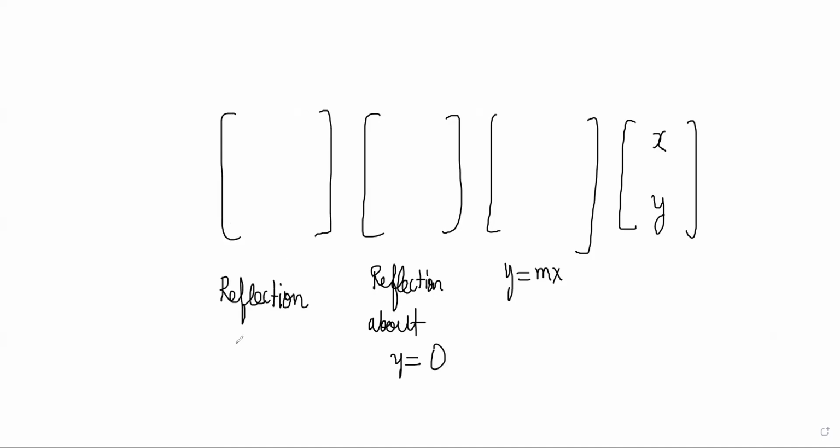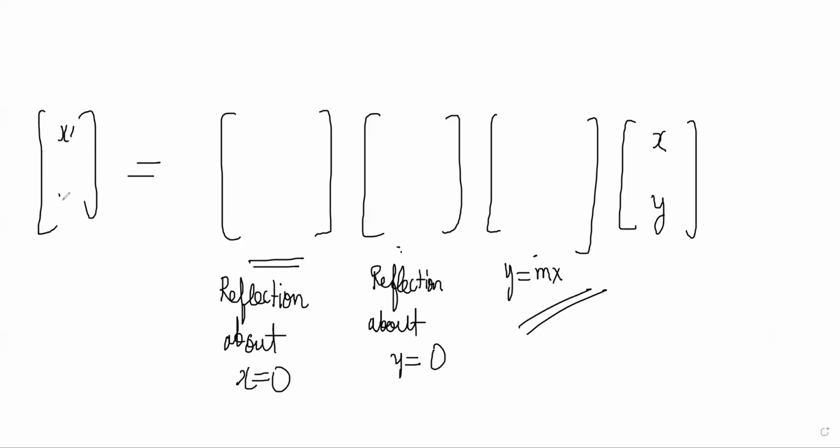It is possible that they might say that the point has gone through a reflection about this line, then reflection about the y-axis, then reflection about the x-axis, and finally you get a point x dash, y dash. This is not an explanation of how to prove the previous thing. That's just an example.